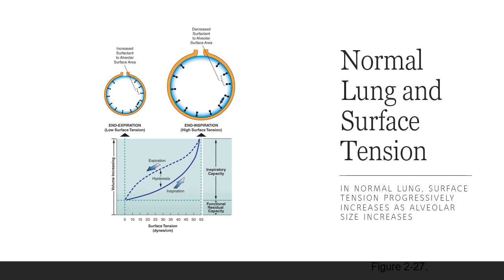Pulmonary surfactant is an important and complex substance. It's produced and stored in type 2 alveolar cells. It's composed mainly of phospholipids, about 90%, and protein, about 10%. The DPPC molecule has both a hydrophobic, water-insoluble, and a hydrophilic, water-soluble end.